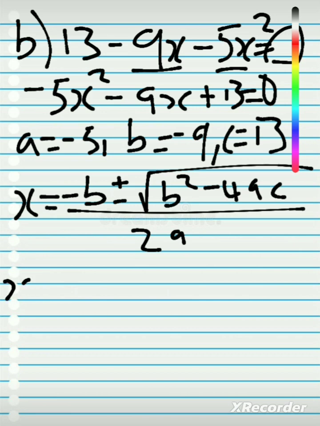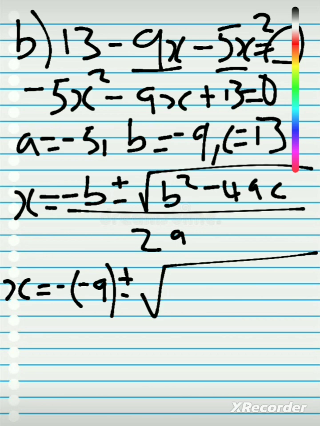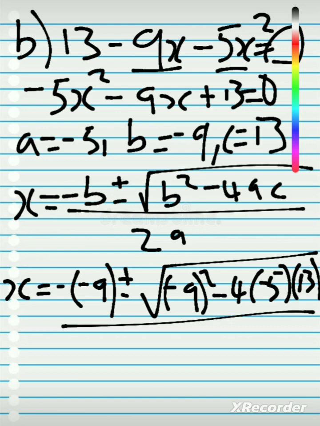So x is equal to negative b, sorry, it's supposed to be substituting. So b is negative 9, positive or negative square root of negative 9 squared minus 4. A is negative 5 and c is 13, over 2a, where a is negative 5.